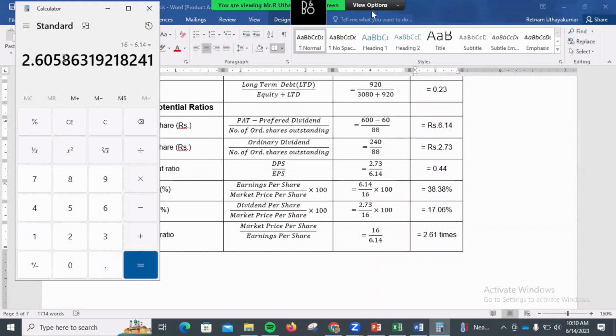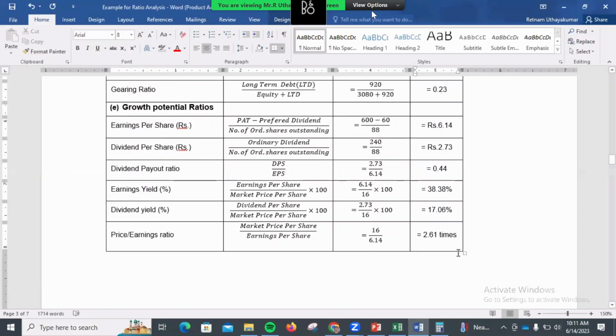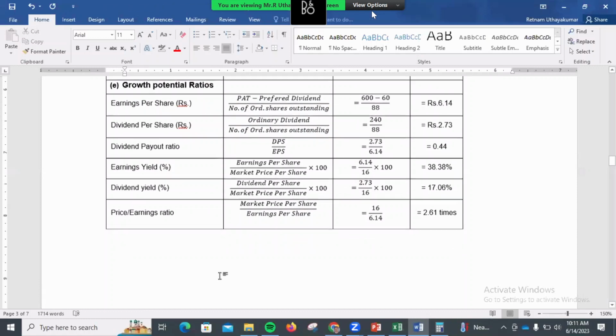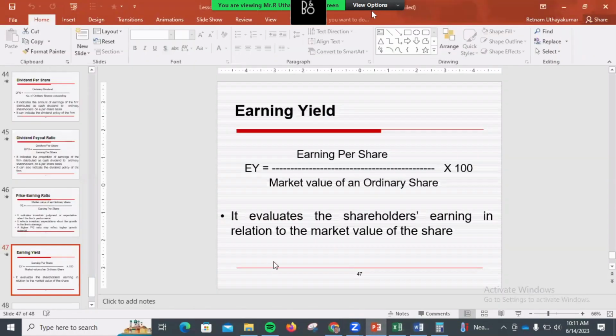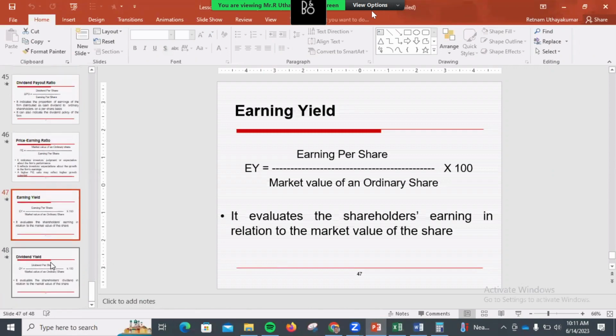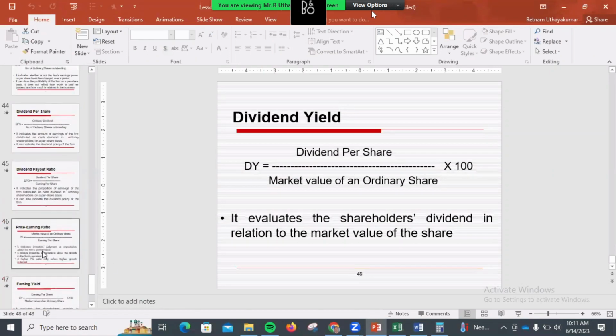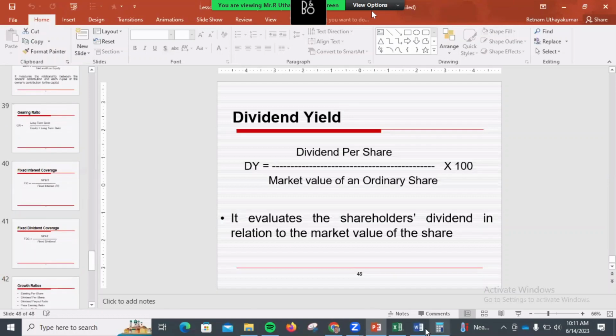So you can get 2.61, you want to round up for this. So 2.61 times would be the result. So these are the maximum answers you can give to this kind of exercise.